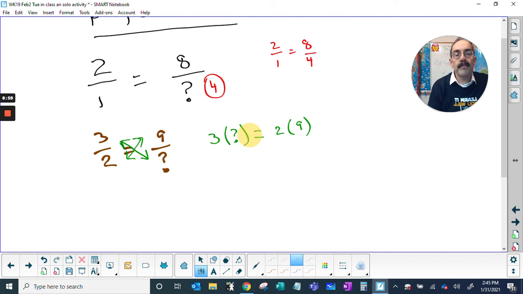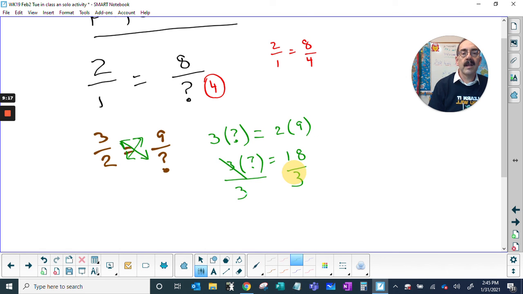So 3 times something is equal to 2 times 9. What's 2 times 9? 18. How do we undo a multiplication? What's the opposite of multiply? Divide. So the something is 6.